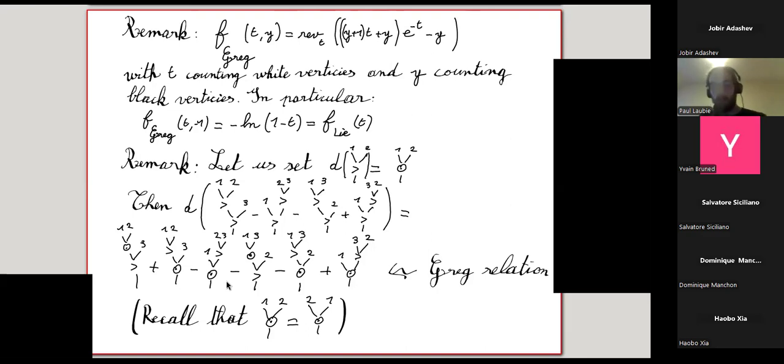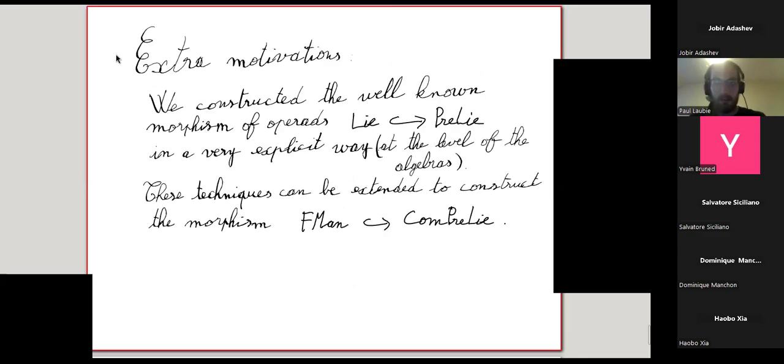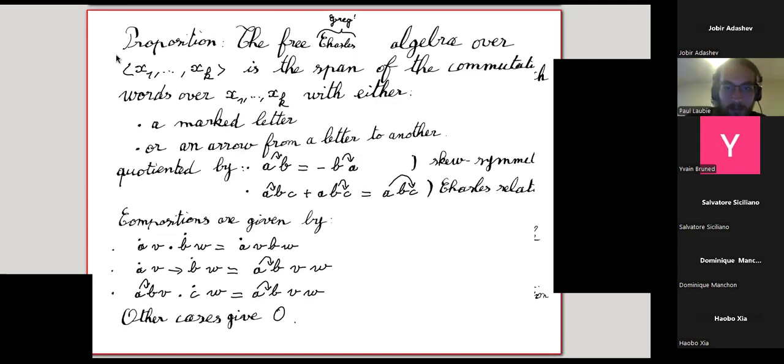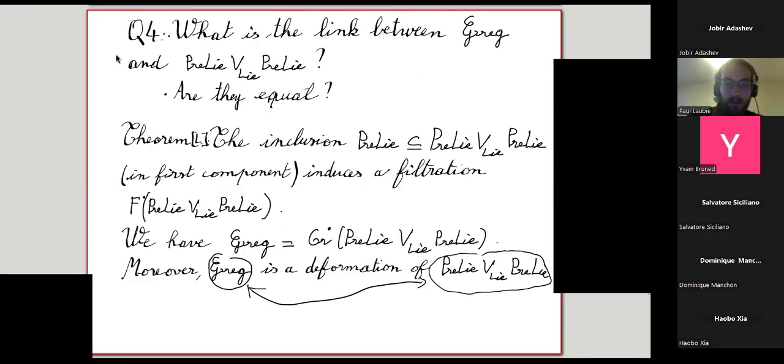Right. So here we have a small remark. When we have an operad, we can compute its generating series. It is the sum of the dimension of the operad in arity n times t to the n. We need to quotient by a factor n factorial, but this is not important here. And with the Greg operad, we already said that it was graded.